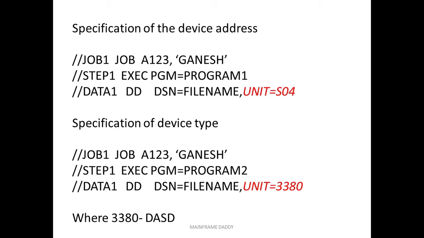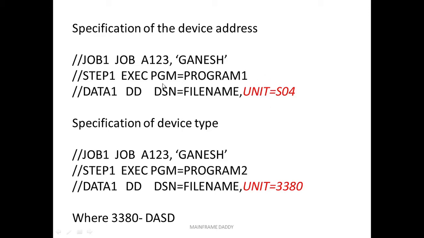In this example we can see job A123, JOB1 A123 Ganesh, STEP1 EXEC PGM equal to PROGRAM1, and DATA1 is the ddname, DSN equal to file name, and UNIT equal to S04. So this is the device address. We are directly pointing to a device address and accessing that particular device.